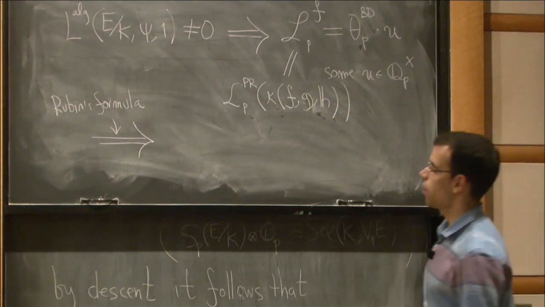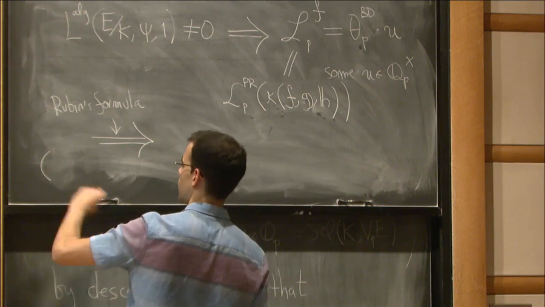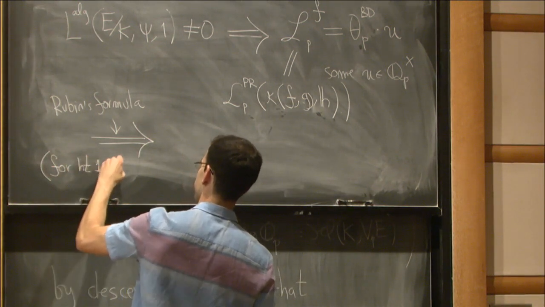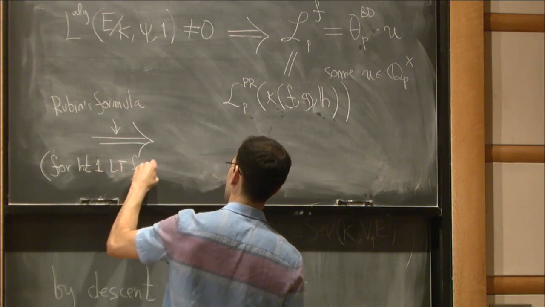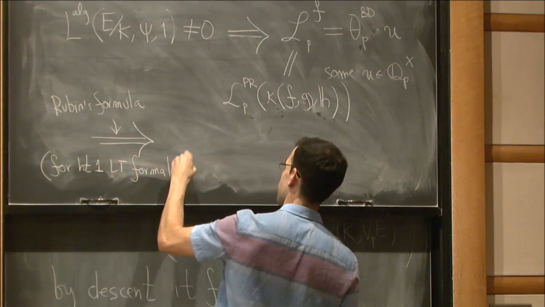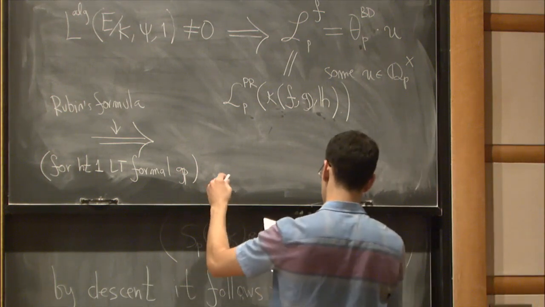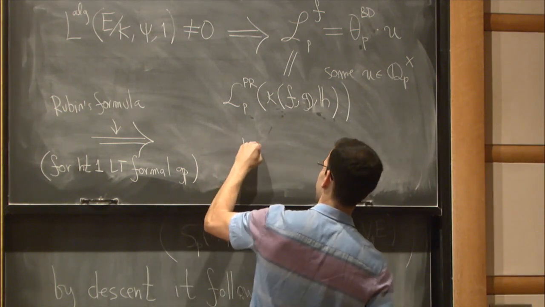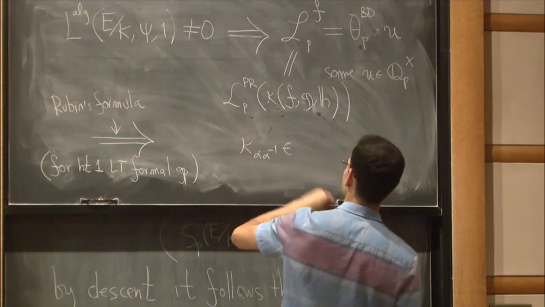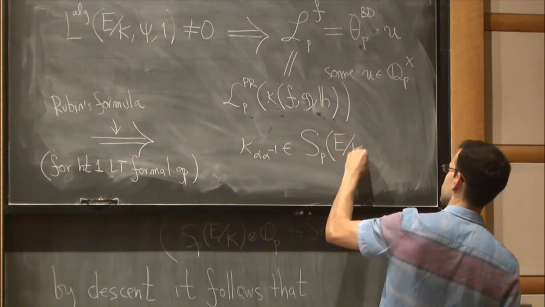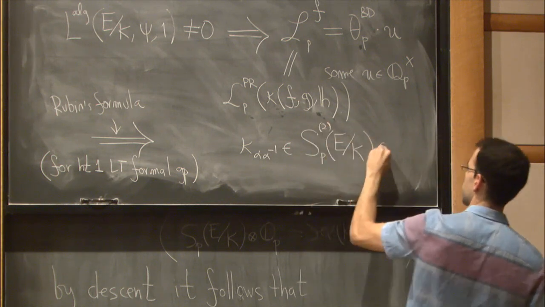Here we need an analog for some height 1 Lubin-Tate formal groups. And what that formula lets you do is it shows that kappa alpha, alpha inverse lands in this space.